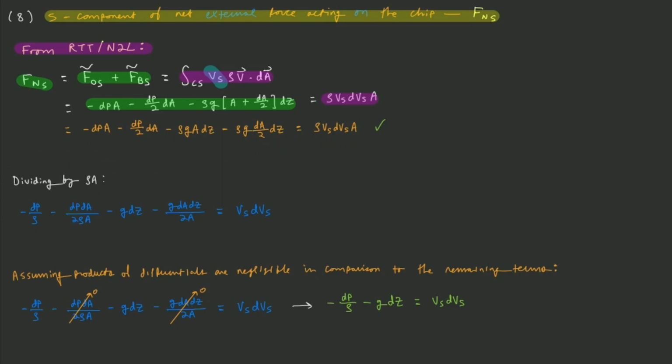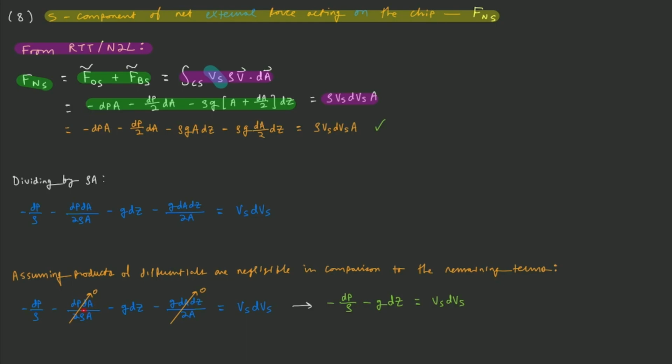Now, if you divide by rho A, which you can do because we're assuming a constant density flow, so rho can be taken out of integrals and divided out. The only reason we can do that is because we're assuming density is constant. Now, if we assume that the products of differentials are negligible in comparison to the remaining terms, for example, when you divide by rho A, you get terms like negative dP over rho, minus dP dA over 2 rho A. Well, dP dA is the product of two differentials.